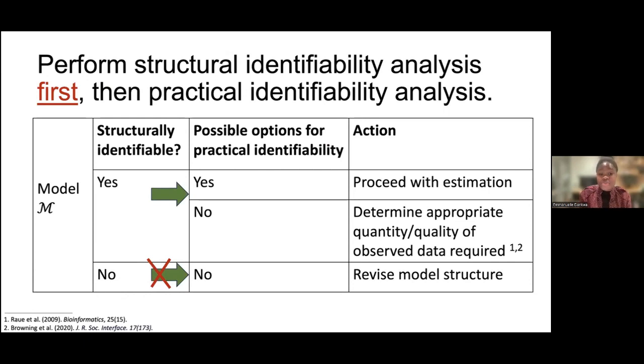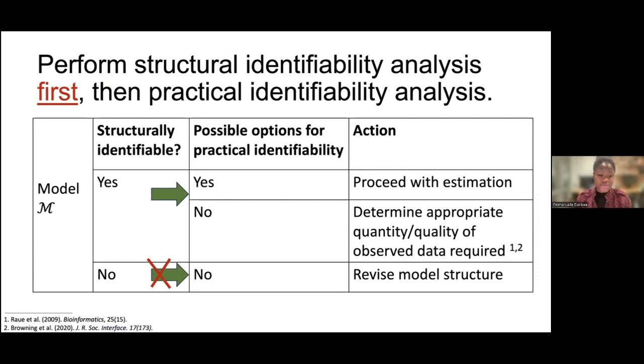That means given the observed data, the parameter cannot be uniquely estimated, although with the model structure, things are okay. In that case, one would need to determine the appropriate quantity or quality of observed data required. And Rory and Browning, those two references on the slide, give good examples of how to fix and test for practical identifiability using methods like the profile likelihood or Markov chain Monte Carlo method. So if you're interested, I would encourage you to check out these references.